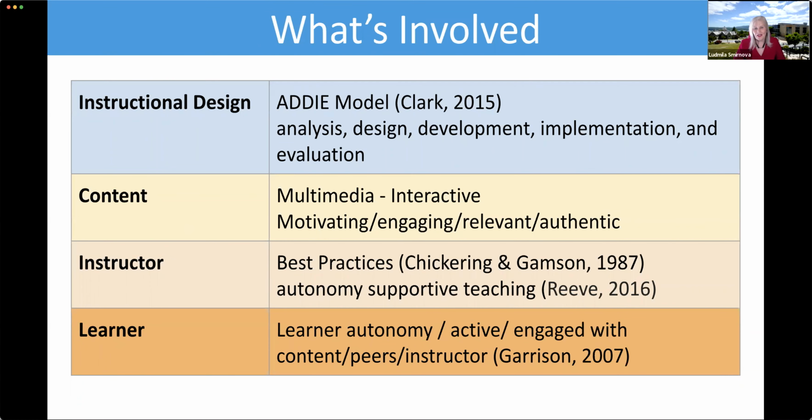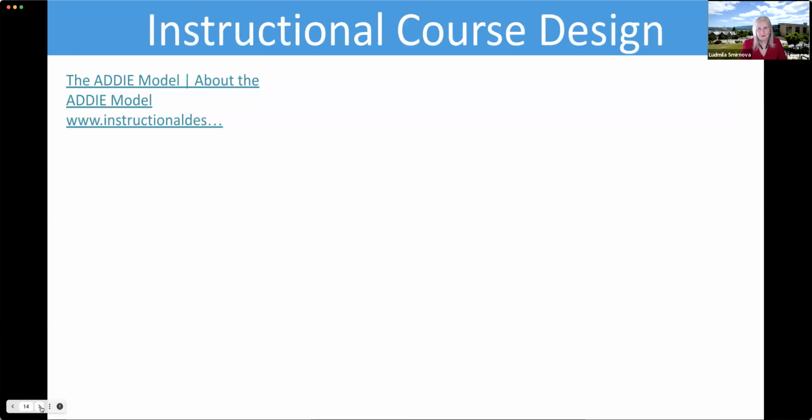How active are they? Are they engaged with the content? How do they engage with peers and the instructor? These are all very important aspects in course evaluation before you start evaluating. So these are all important components of the process.